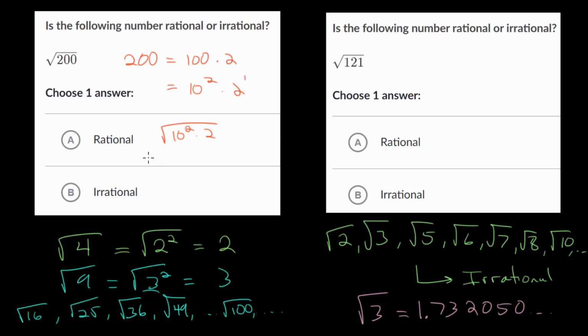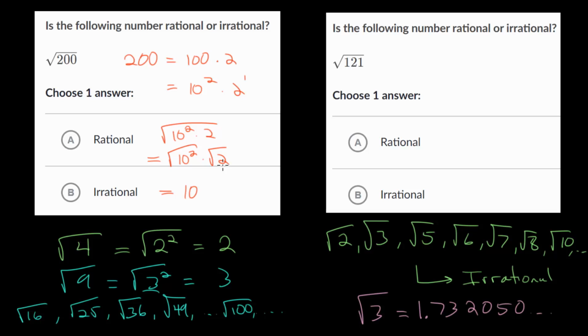We could separate this into a product of two square roots. This is root 10 squared multiplied by root 2. So if you have a product underneath, you can write it as a product of square roots. And this square root we can actually take. This is just 10. But this, well, we can't take the square root of 2, or we can't write that as some whole number. It would be this infinitely long decimal expansion.